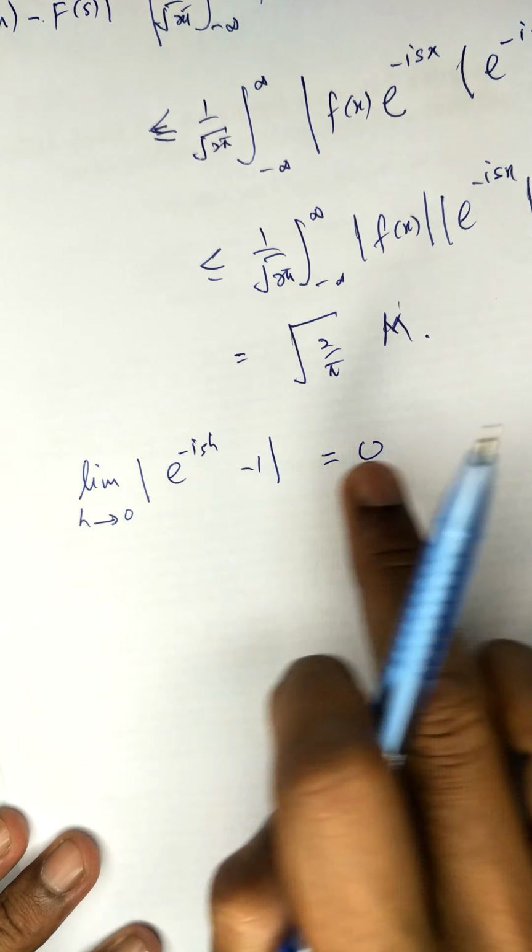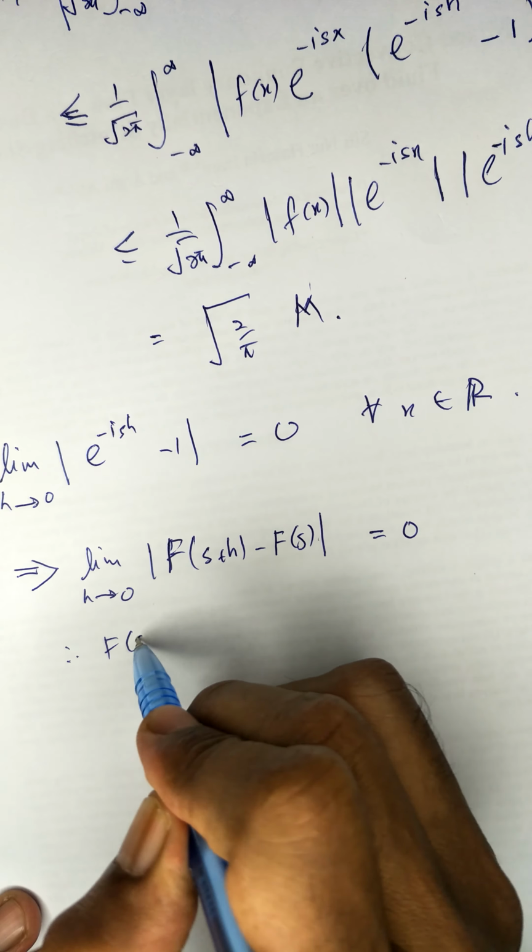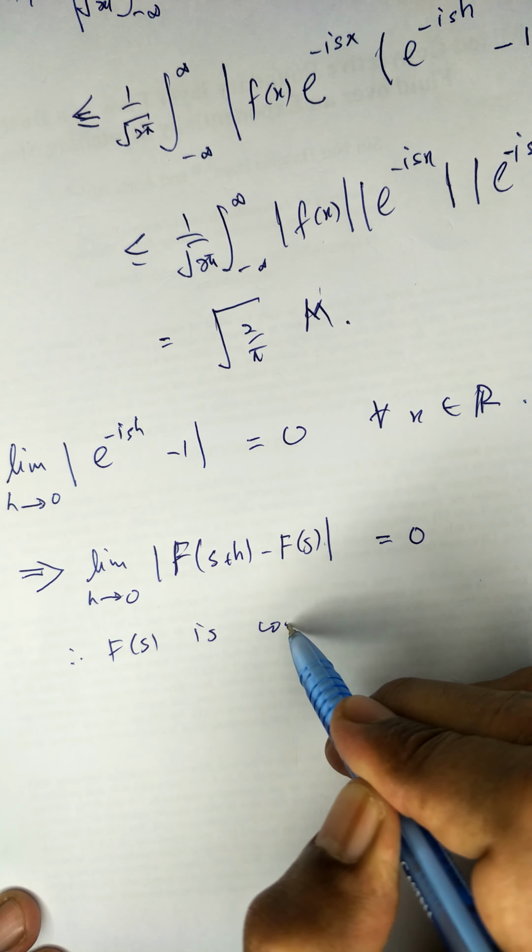So therefore, if we take the limit as h goes to 0, F(s plus h) minus F(s) will give you 0. So therefore we can conclude that F is continuous.